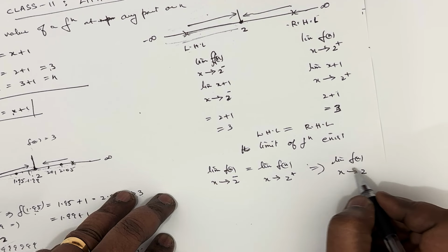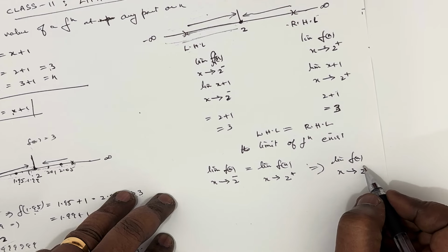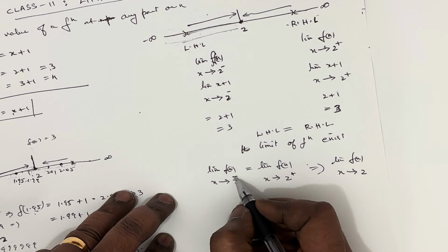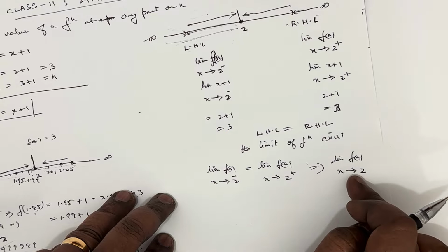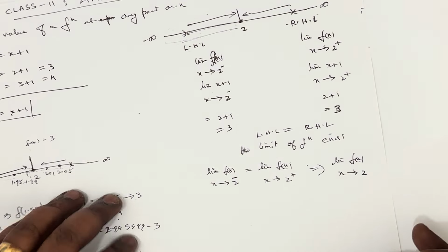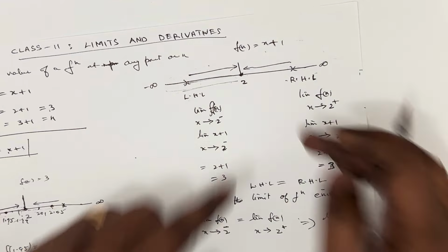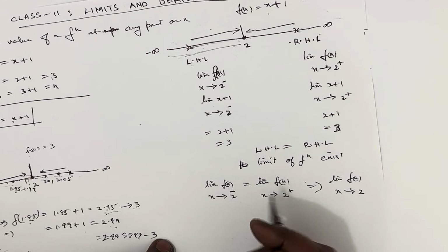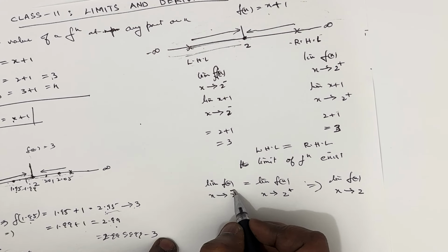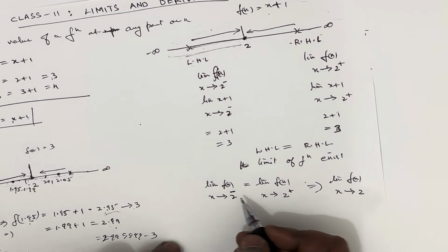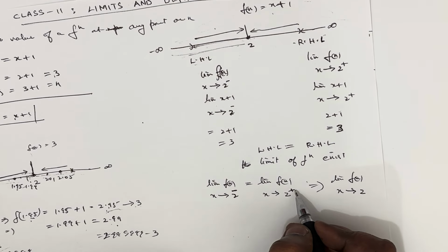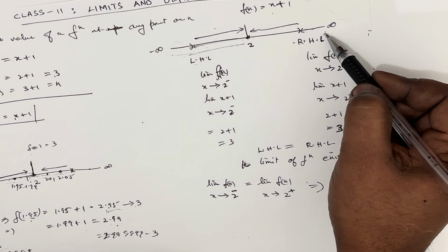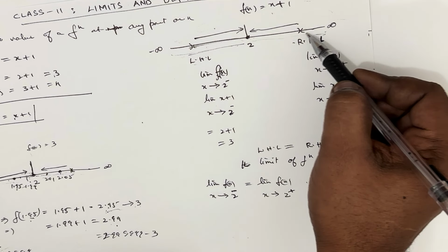When there is no symbol here, no dash or negative or positive, this indicates that x is approaching from both sides. When you separately write negative or dash, it indicates that the value is approaching from the left hand side, and if you write positive, it indicates that it is approaching from the right hand side.